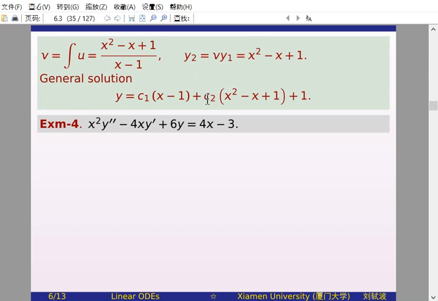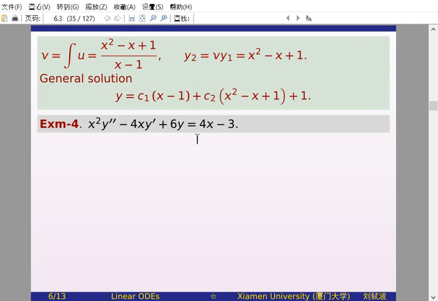But we can also use the previous method to find the solution of this equation. We want to find y to be some polynomial, and the order of the polynomial we want as low as possible, so that we don't need to consider very many coefficients.